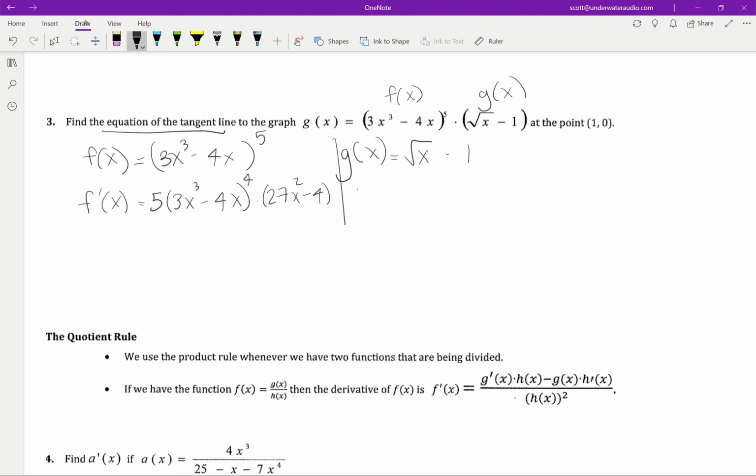Yep, okay, now the derivative of g, g prime. So this could be rewritten as x to the 1/2 minus 1. That makes it easier to use the power rule, which would be 1/2 x to the negative 1/2 power minus 1. Okay, so then to take this derivative, g prime is going to equal this multiplied together plus this multiplied together.